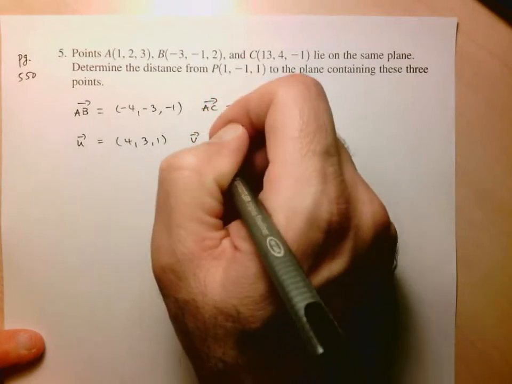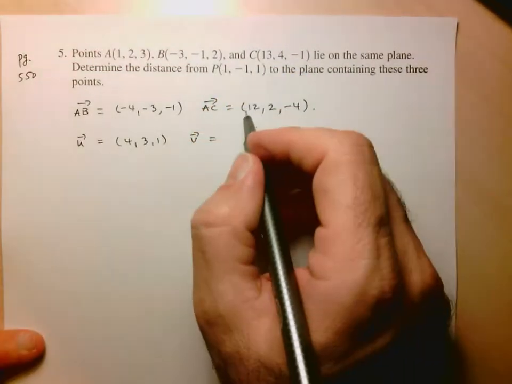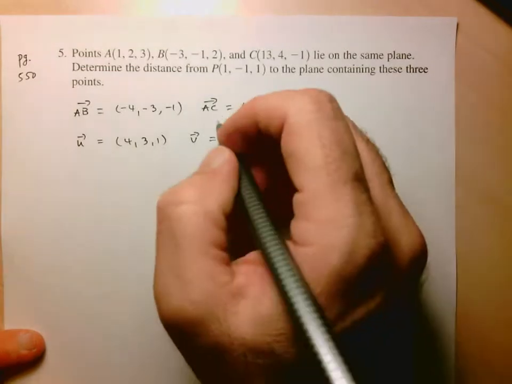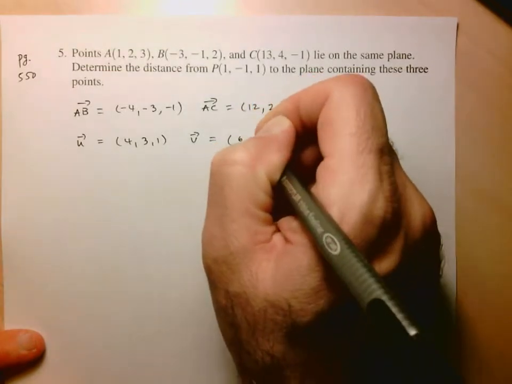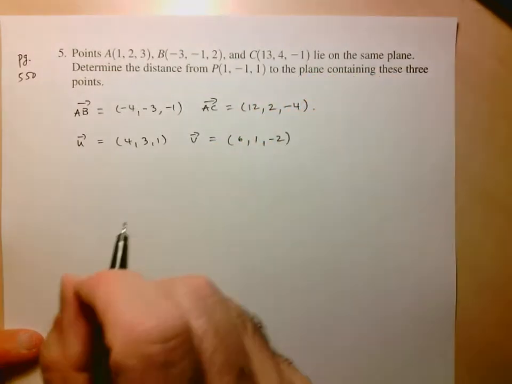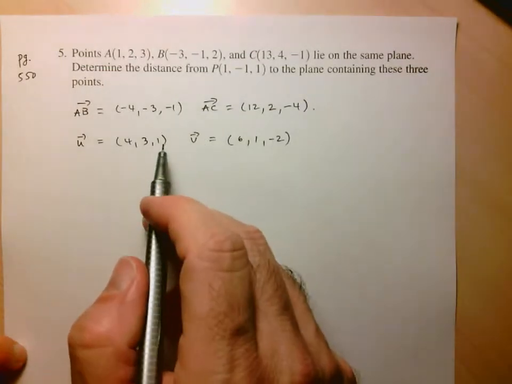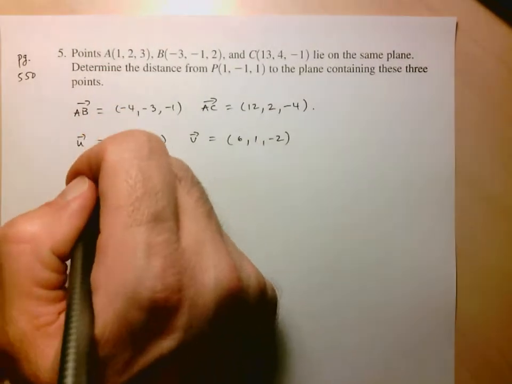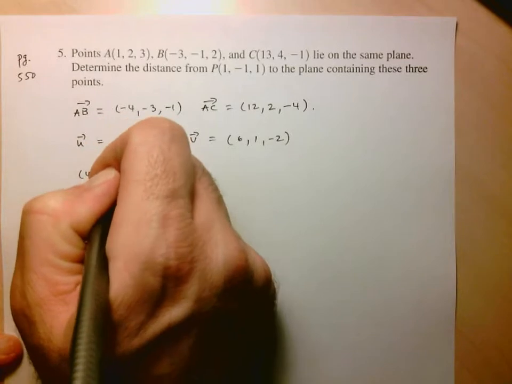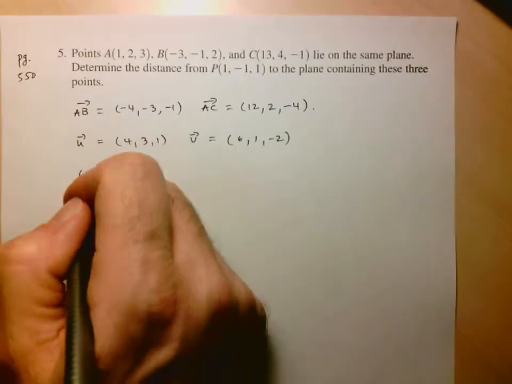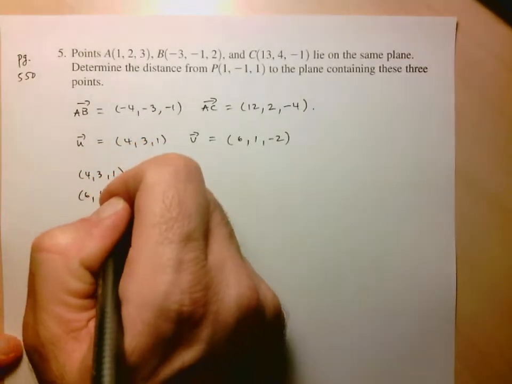And here I'll call the next one vector V, and I'll simplify this by dividing by 2, so I end up with 6, 1, -2. Okay, and these are the 2 vectors I'm going to cross. Okay, so let's go ahead and do that. We've got 4, 3, 1 and 6, 1, -2.